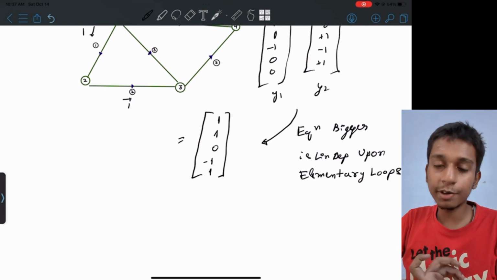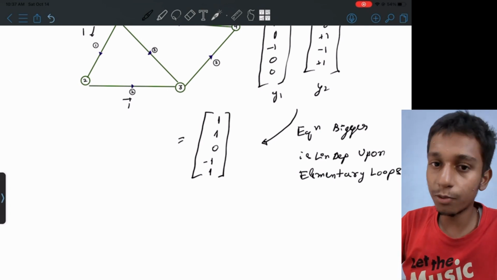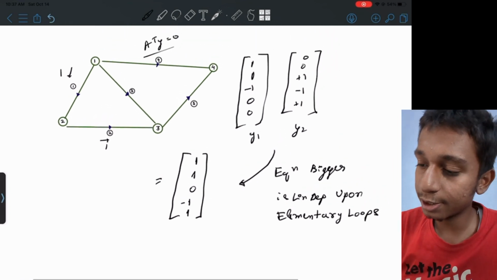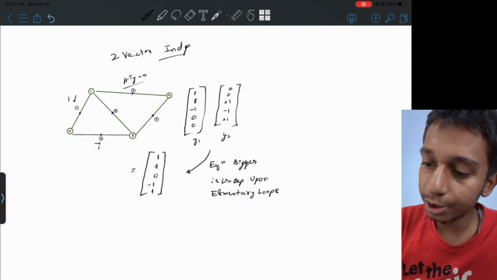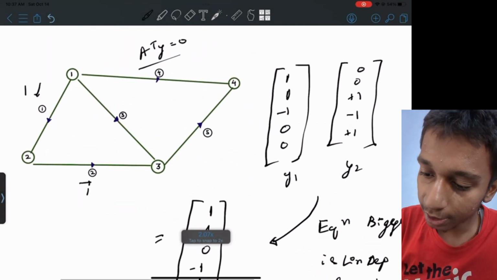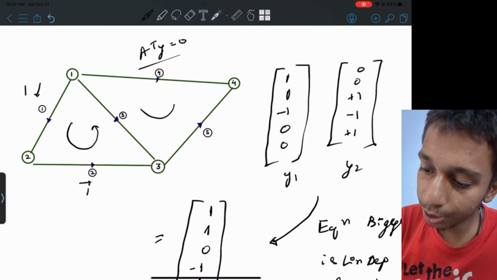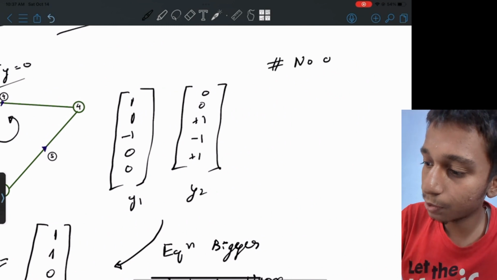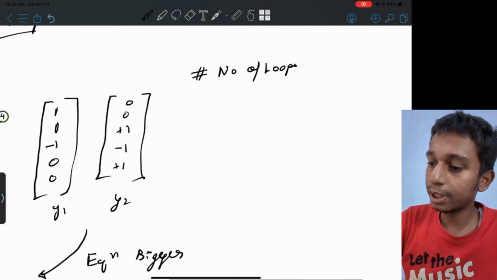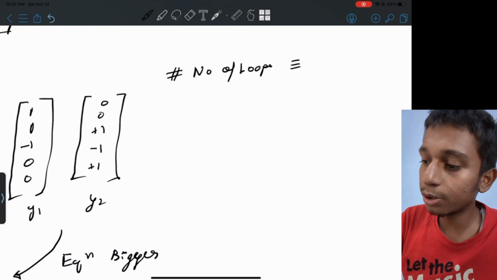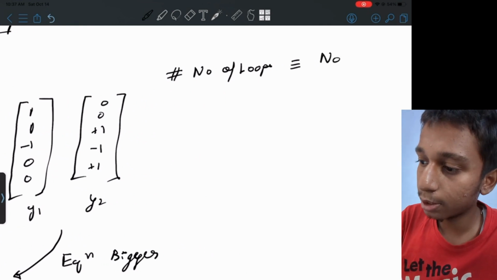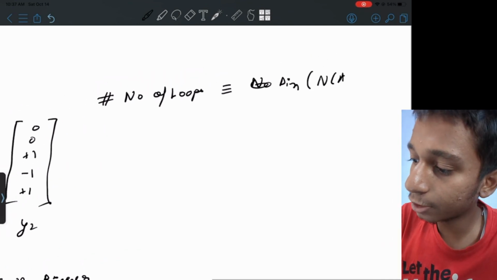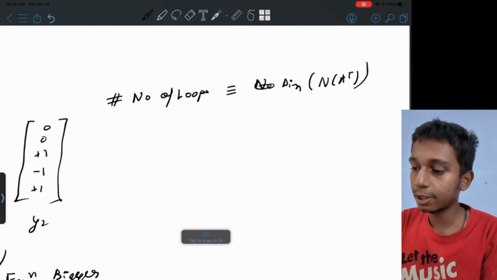So therefore, by solving this bigger loop, I won't get any new equation but a repetition of the original equations that I have gained earlier. But one thing to notice here is that the number of small loops, which were 2 here, is directly associated or in fact equal to the dimension of the null space of A transpose, where A was our incidence matrix.